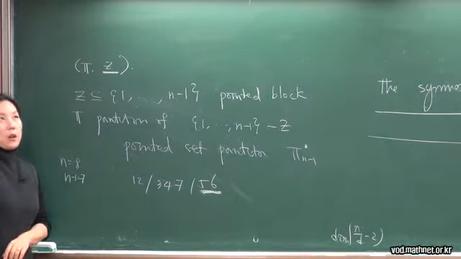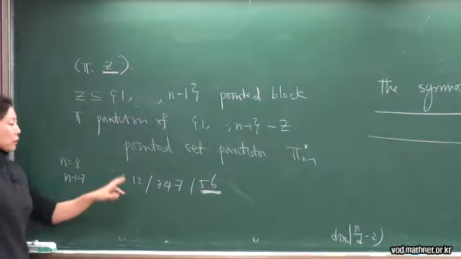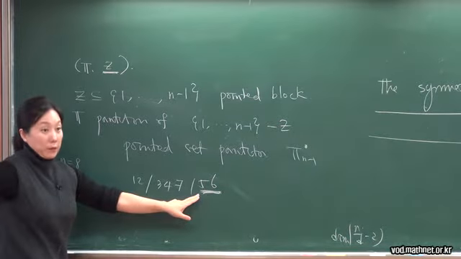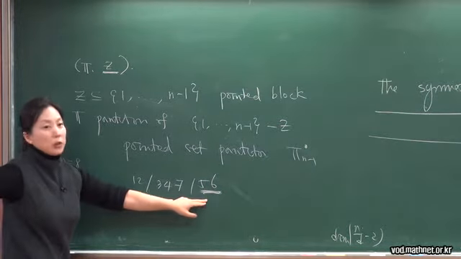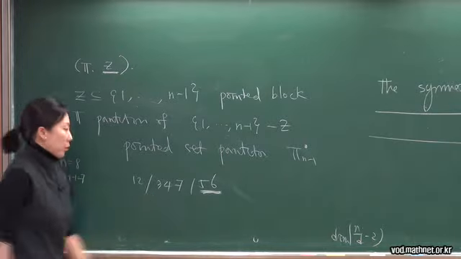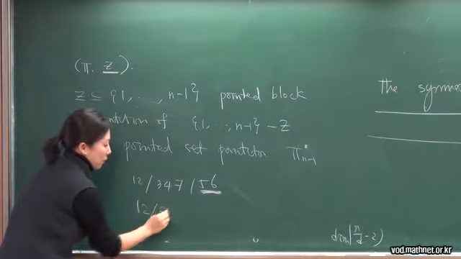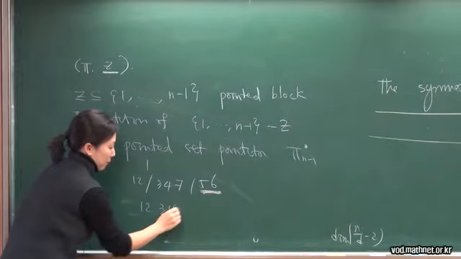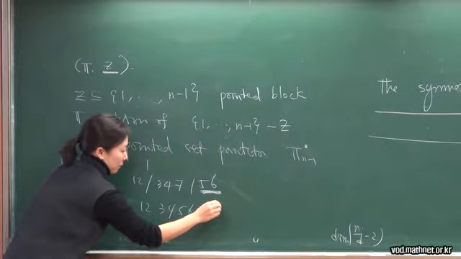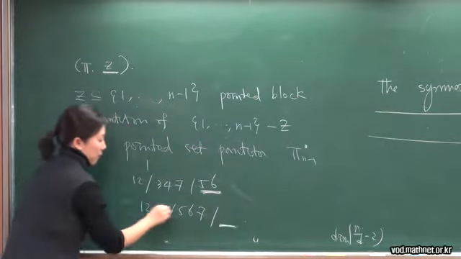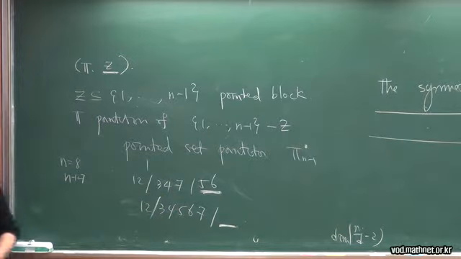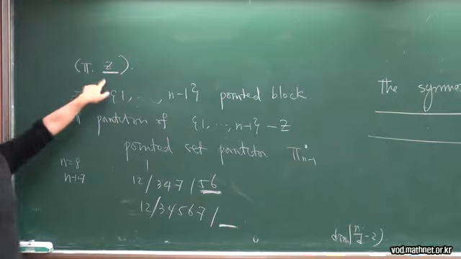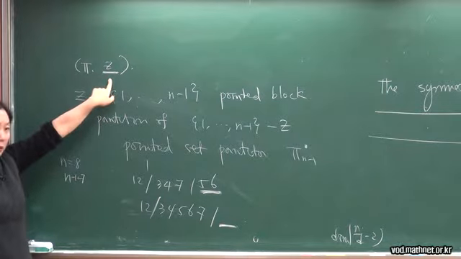Because when you have a set partition, each block should be non-empty, but the final one could be empty. So this is possible. This set partition is fine, so the final block could be empty.